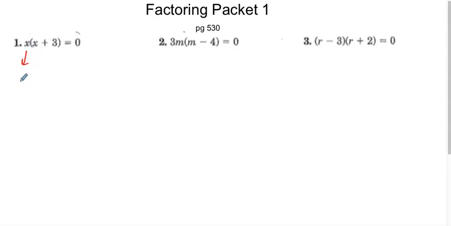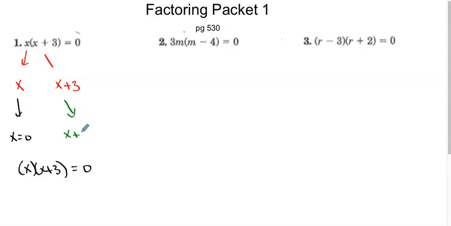So when we take that into consideration, this x is one factor. This quantity of x plus 3 is a second factor. When this factor is equal to 0, the entire equation will equal 0. And when this factor, x plus 3, equals 0, again the entire equation will equal 0 as well.